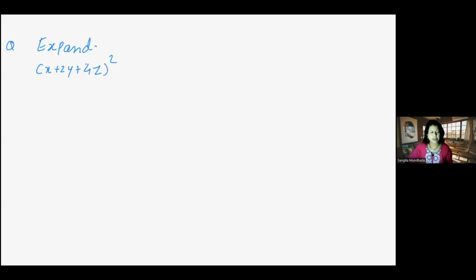Question 4. Expand the following using an appropriate identity. (x + 2y + 4z) square.